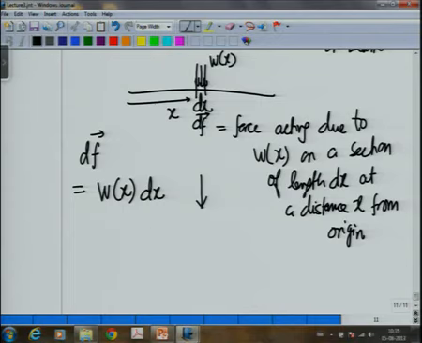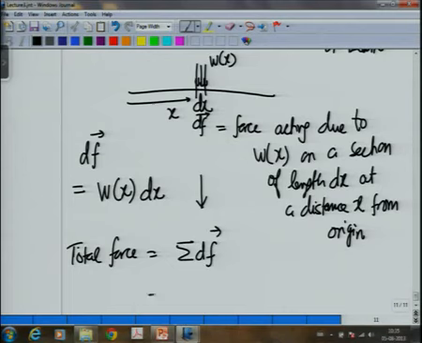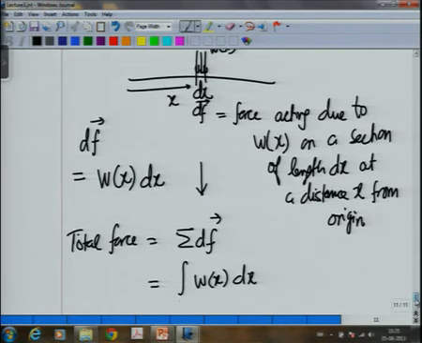And the total force is equal to the sum of all df, which will be the integral of W of x dx, with x going from 0 to L, where L is the length of the beam.